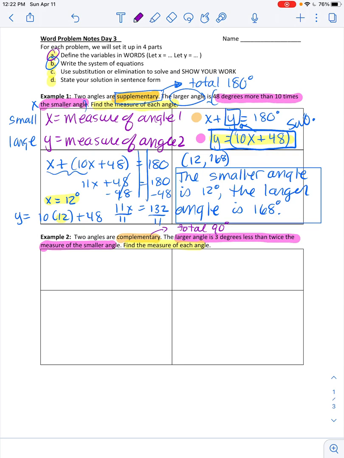So since they, again, refer to the smaller and the larger, I'm going to go ahead and let x equal the measure of the smaller angle. And I'm going to let y represent the measure of the larger angle.